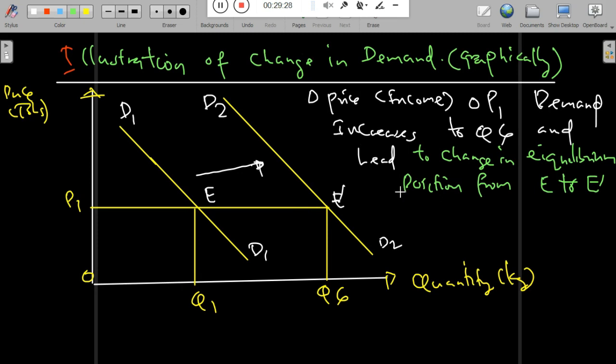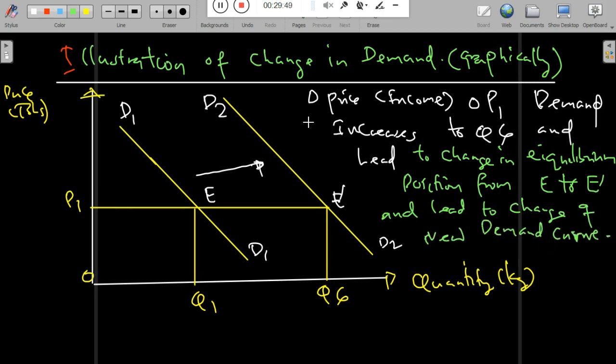A change in demand normally involves a shift to a new demand curve. As you can observe, the demand curve shifts from D1 to D2, and the equilibrium shifts to the new equilibrium level, E prime.